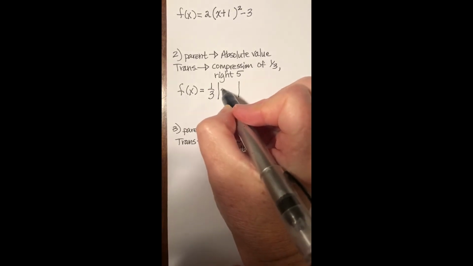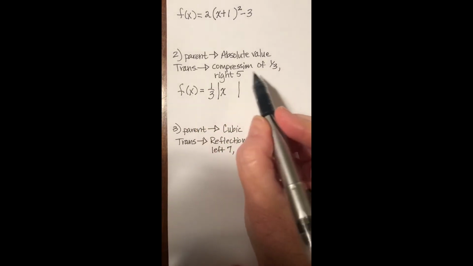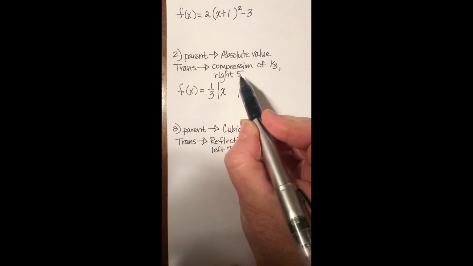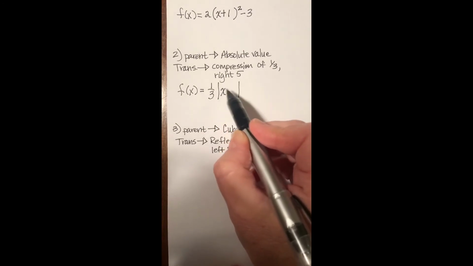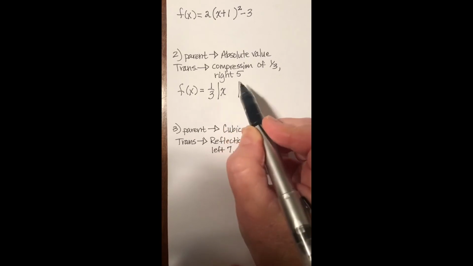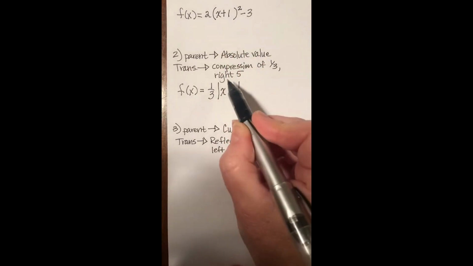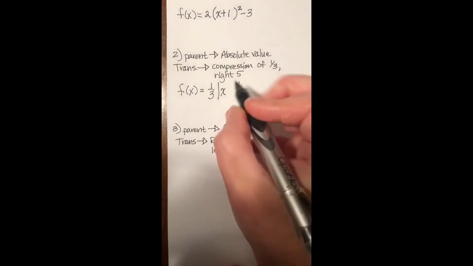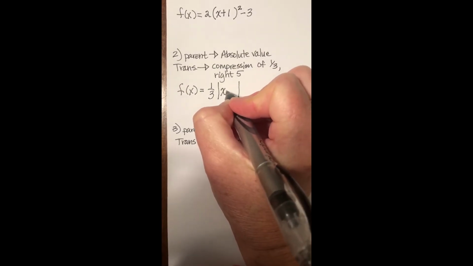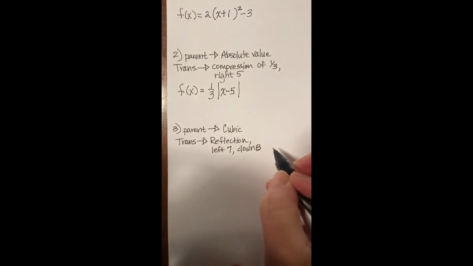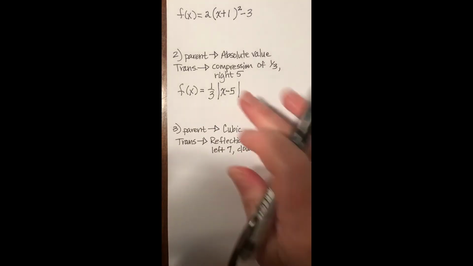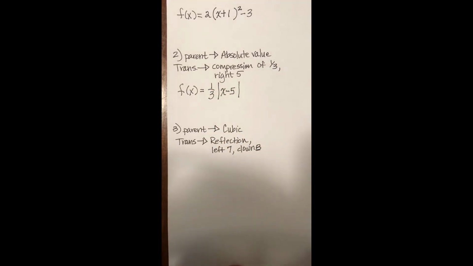X is going to be inside the absolute value, and it looks like I have a right move of 5. Left or right goes with the x inside the absolute value bars, just like inside the parentheses. And it says right 5, which means I'm going to make this the opposite sign, so that will be minus 5. Those are all the transformations, so I am finished with that equation.